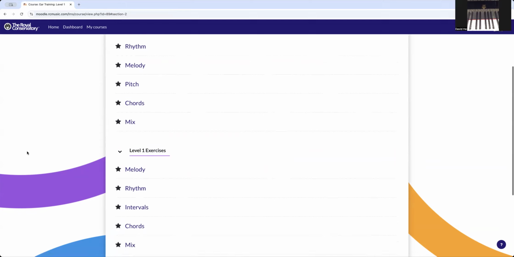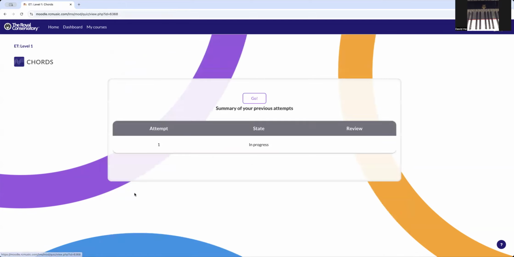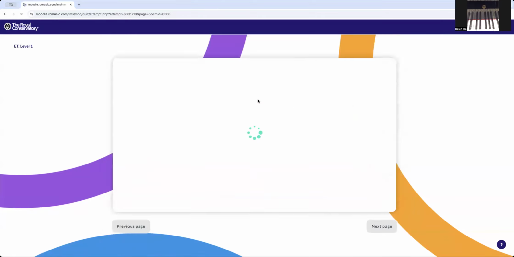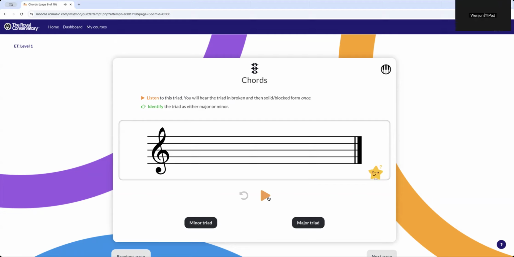Let's try another exercise. This one's a chord, and minor. This time I want everybody to put your answer in the chat box, not turn on your microphone. This one is what? Okay, it's minor. And the next one.